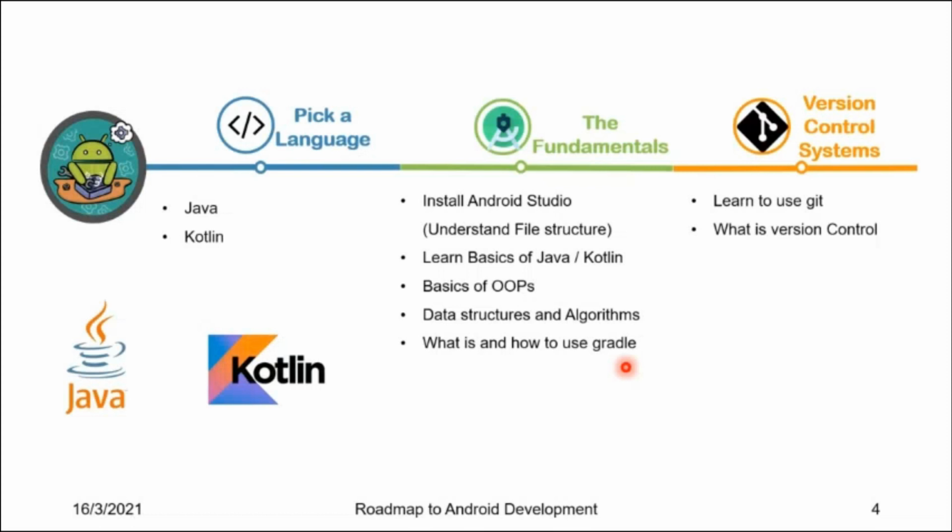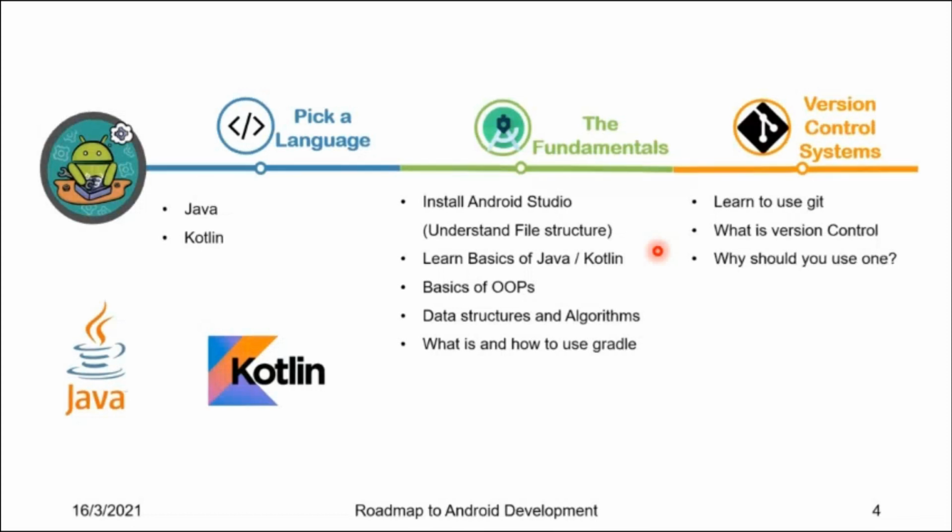To begin with, you need to know what version control is, and also why you should use it. Isn't it just okay to make an app inside your computer? Well, yeah, it's totally okay, but learning version control and Git would really help you out in making your apps much more manageable. So now let's go to the next step.